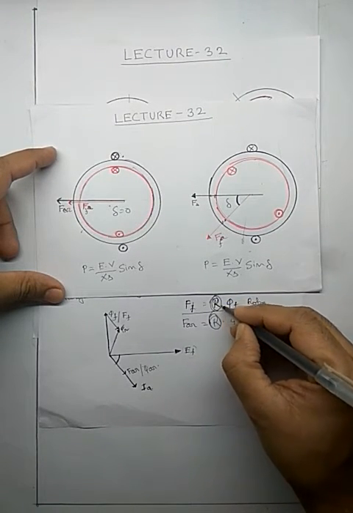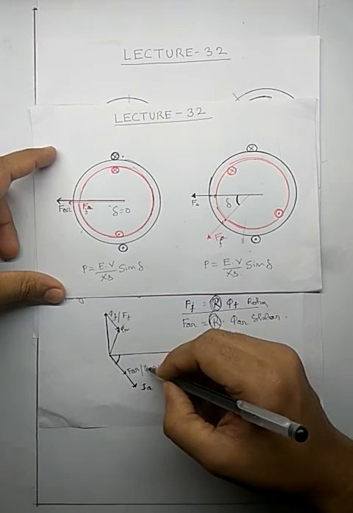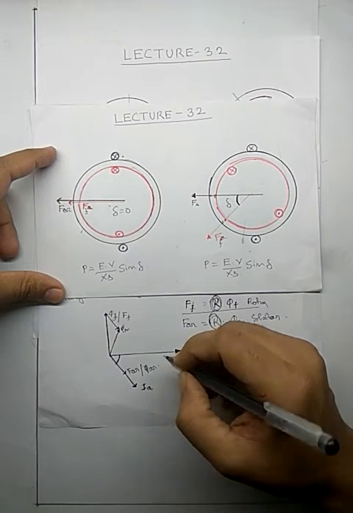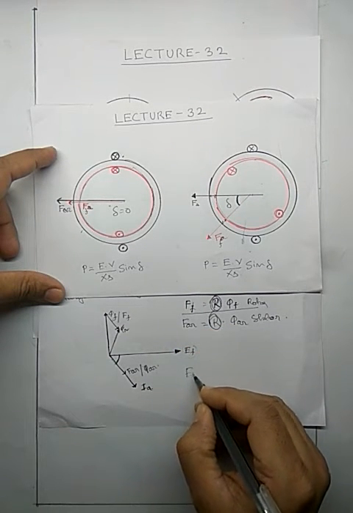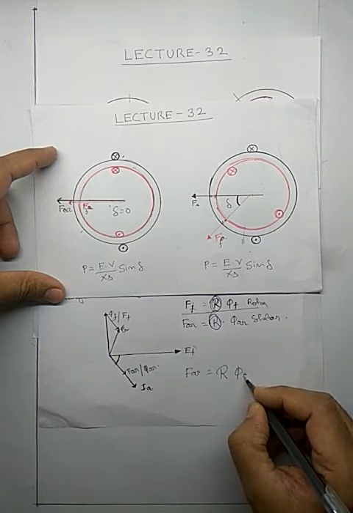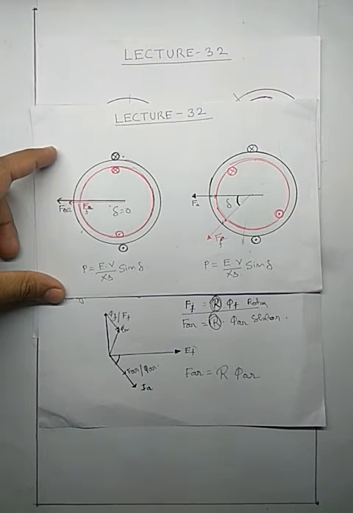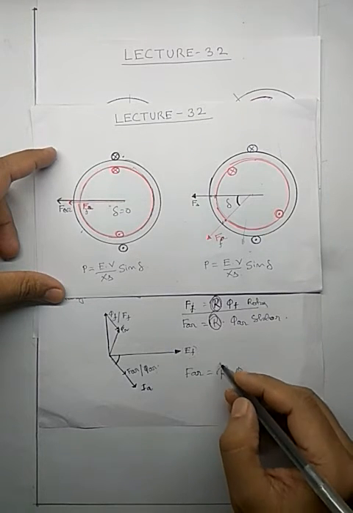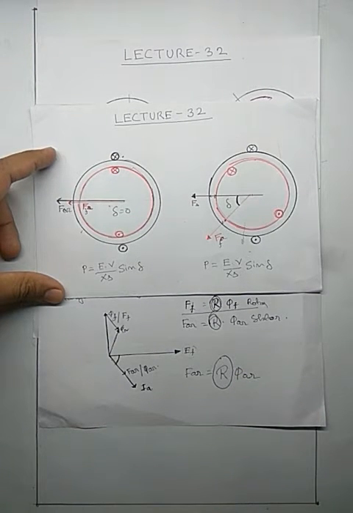Since this reluctance is constant, we can write phi AR and phi R along the same line, as a scalar multiple of this. FAR is a scalar multiple of phi AR.